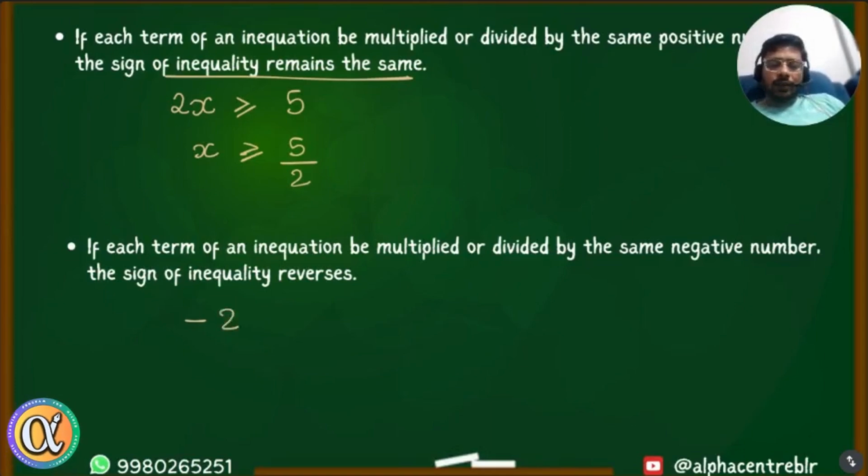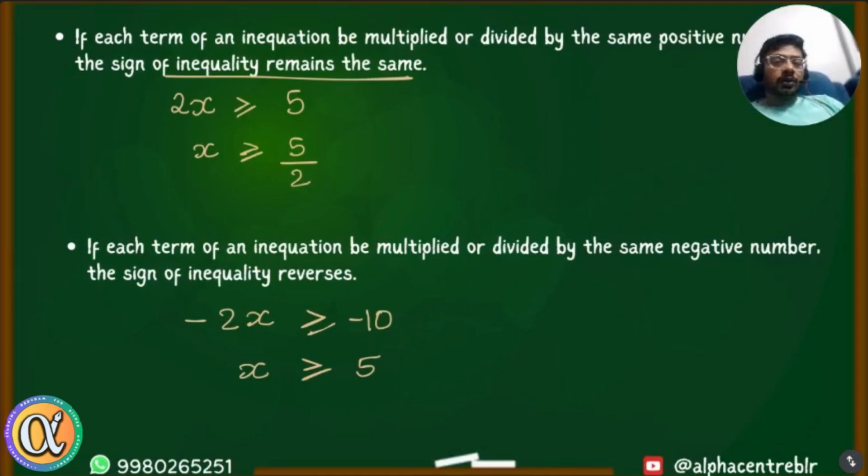If I have a linear inequation of this nature, minus 2x is greater than or equal to 10, can I say, dividing both sides by minus 2, x is greater than or equal to 5? Is this allowed? No, no. We can't divide both sides of an inequation by a negative number.